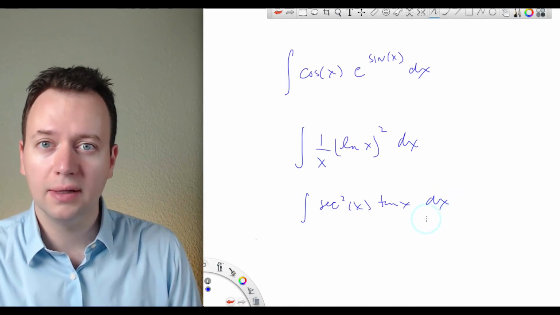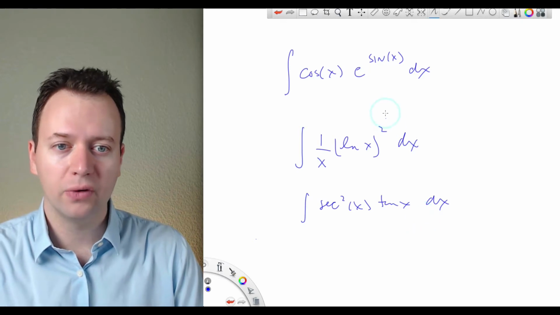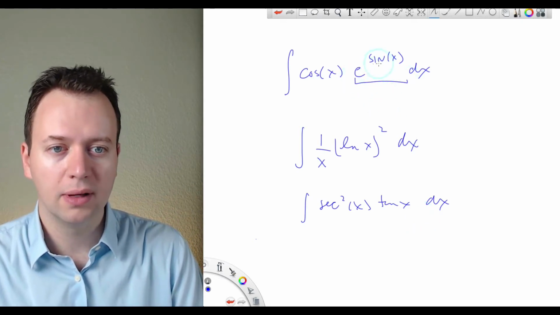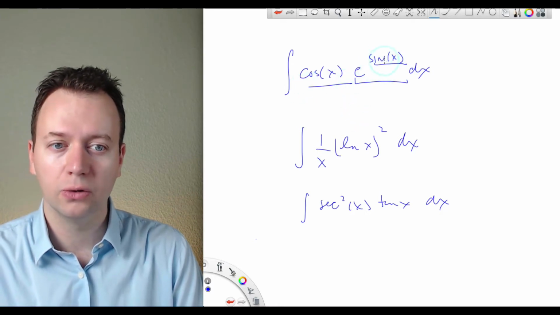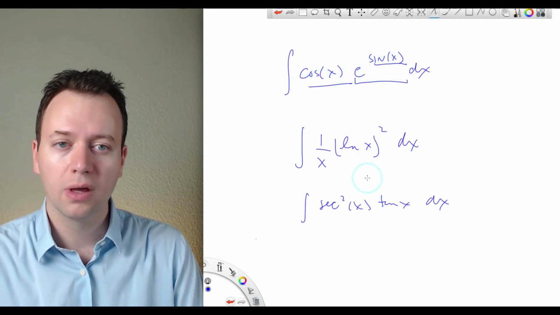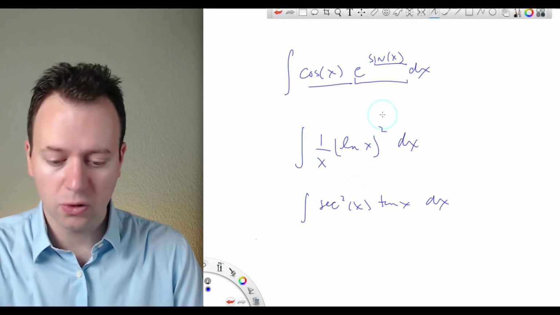So each of these integrals involves just a simple u substitution, because we have some main function and the inside function has a derivative that's sitting right here in the integrand. So the derivative of sine is cosine, and so forth. So each of these sorts of integrals we can use just substitution for.